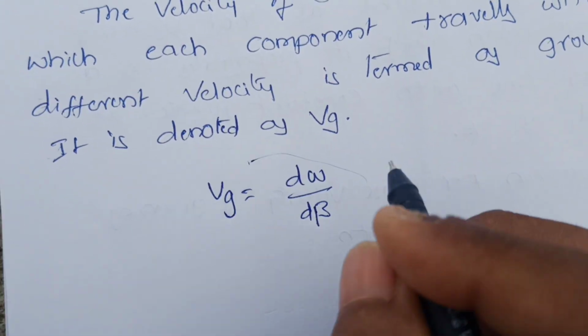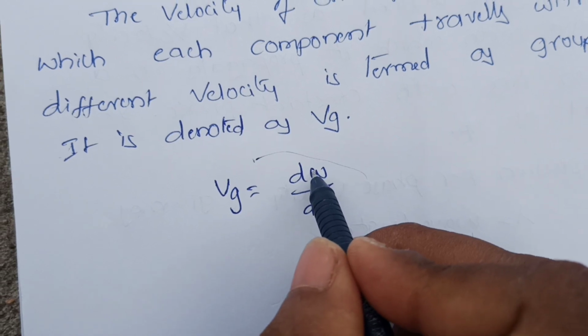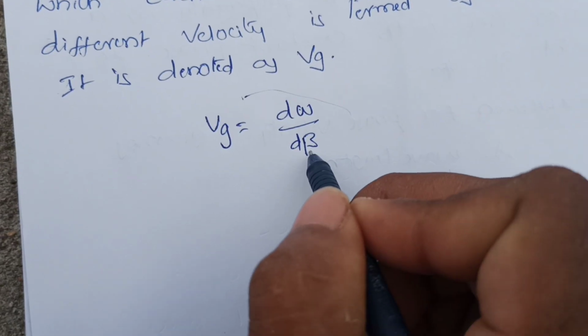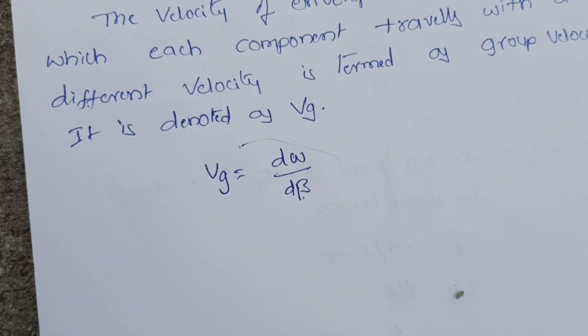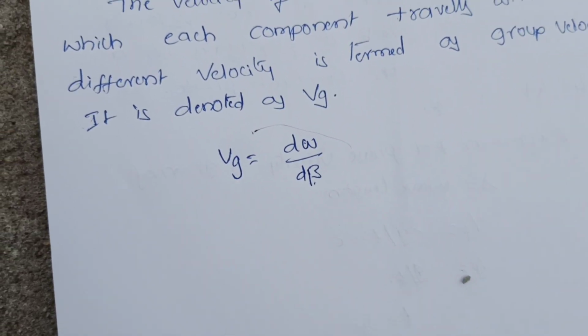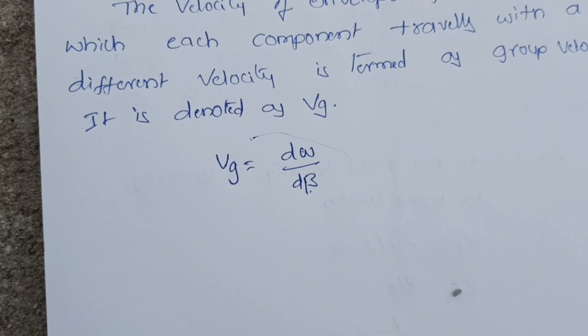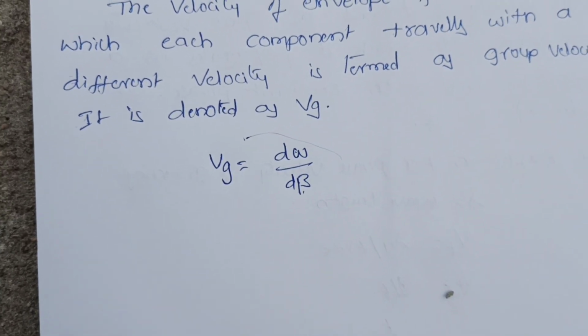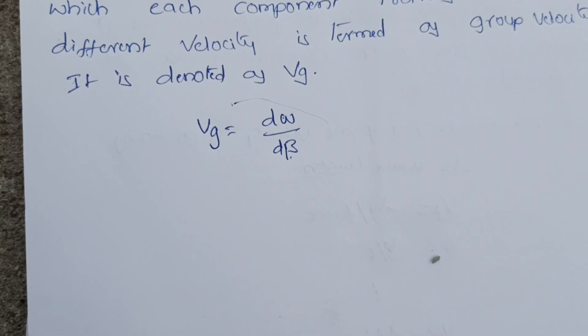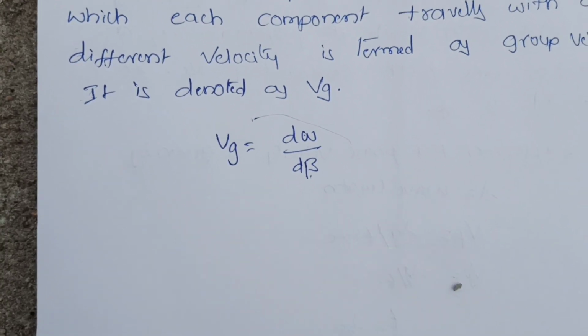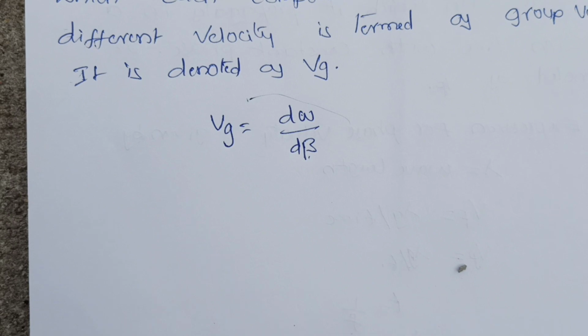Here the rate of change of angular frequency omega with respect to beta is equal to group velocity. In this group velocity, the waves travel in a transmission line with different frequencies. So that's why angular frequency varies with respect to the beta phase shift value.